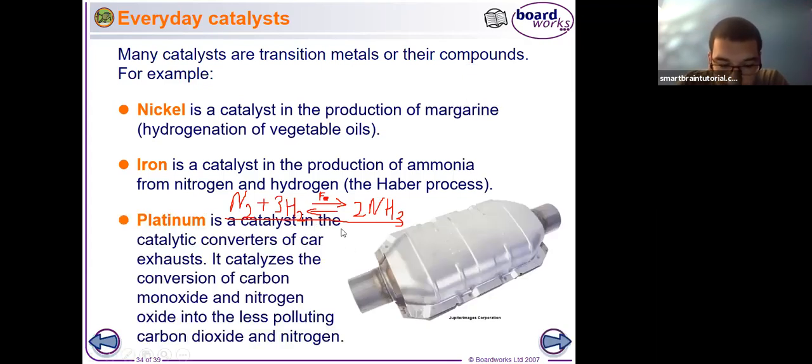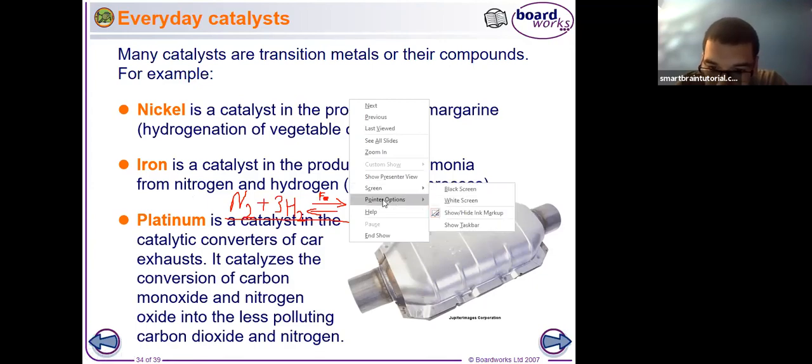Another catalyst that is a metal is platinum. Platinum is a catalyst used in the converters of car exhausts. The function of platinum as a catalyst is to convert carbon monoxide and nitrogen monoxide into carbon dioxide and nitrogen.